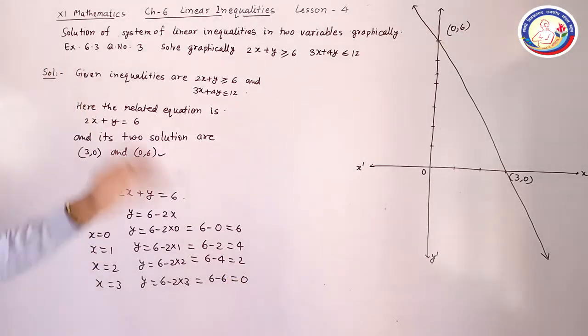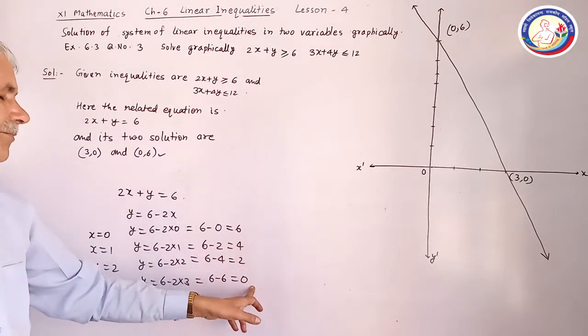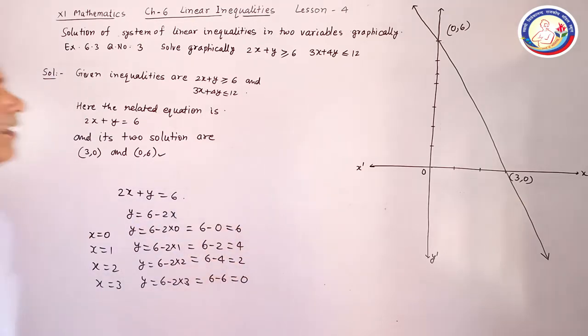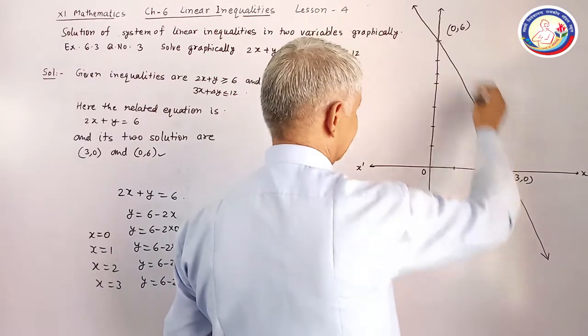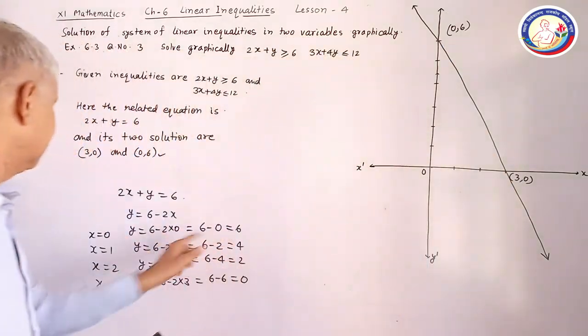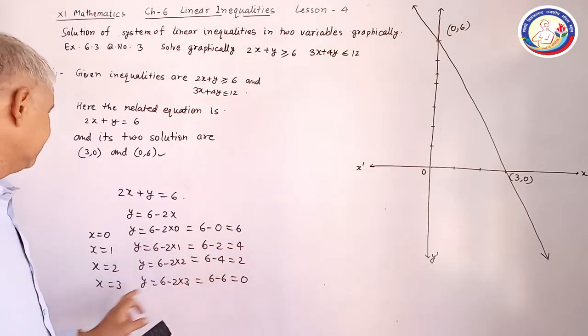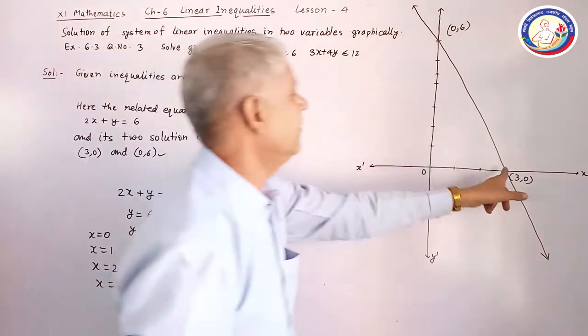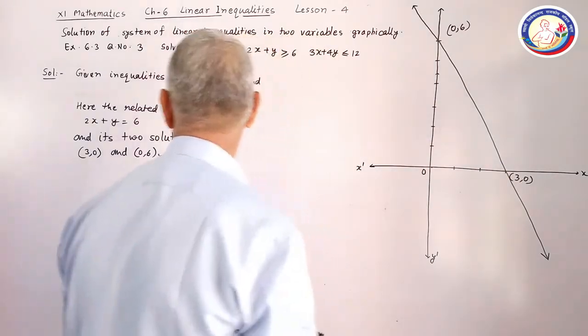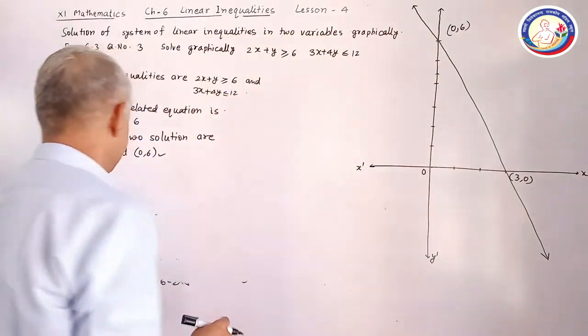So you can obtain a minimum of 2 points, or 3 or 4 points. You can verify that all these points (0, 6), (1, 4), (2, 2) and (3, 0) lie on the same line. If we join 2 points, all remaining points will be on this line. This is the way to draw a graph.